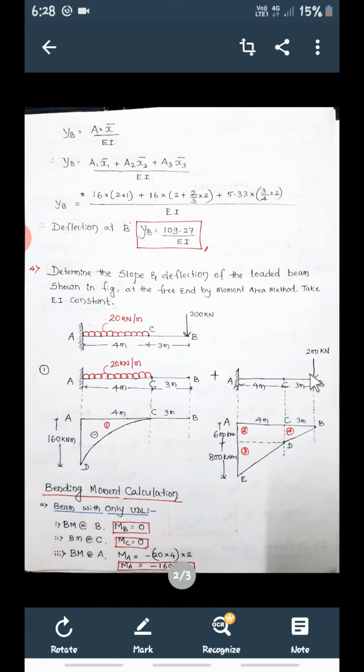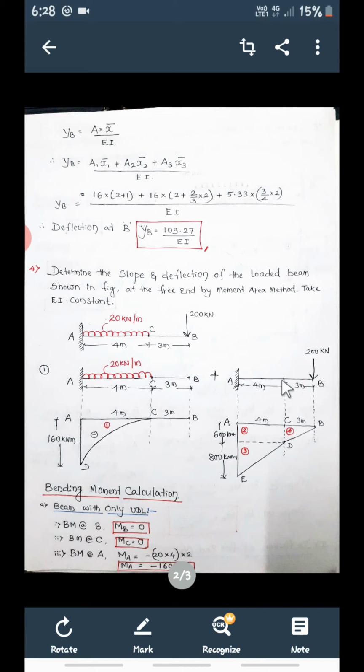Now consider the beam with only the point load, without the UDL. Again calculate the bending moment at B. Considering this 200 load, the perpendicular distance is 0, so MB is equal to 0.